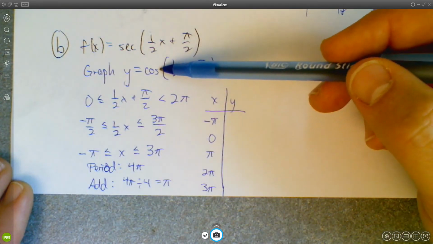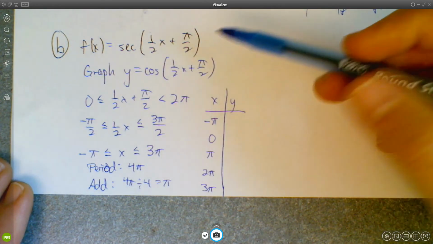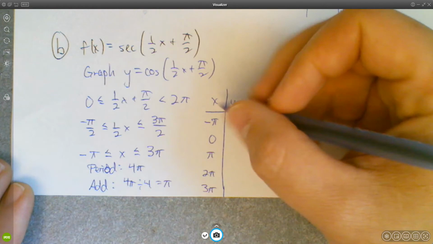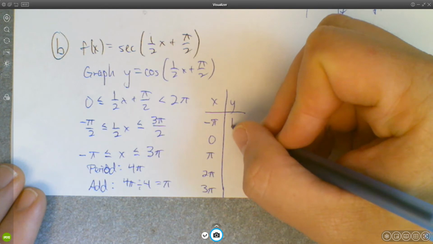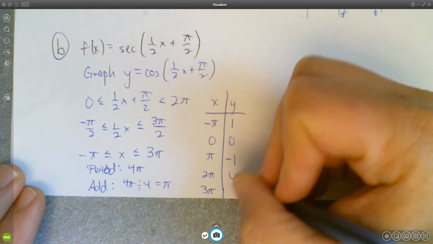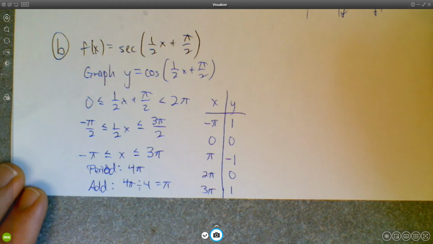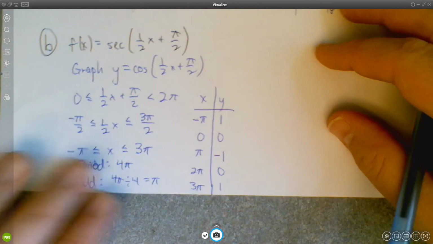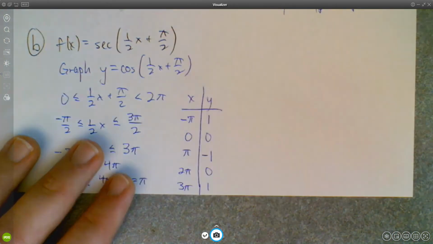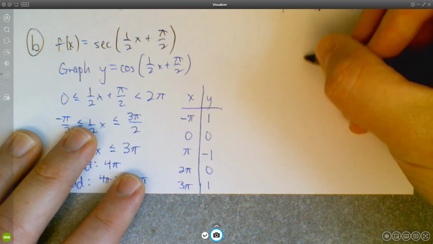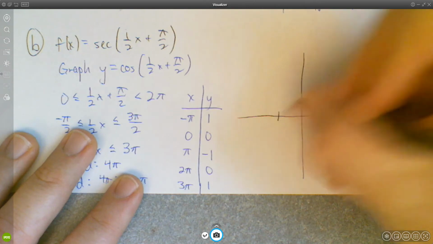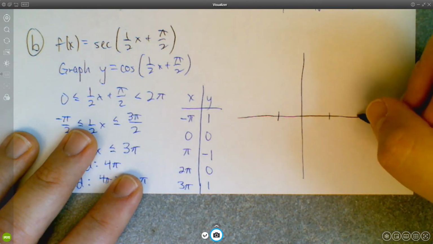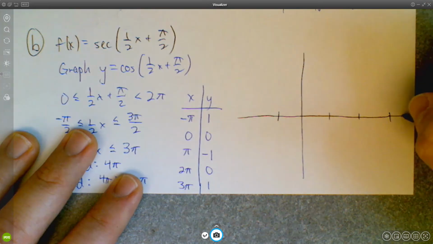Now cosine starts at 1, and then goes down to 0, and then down to -1, and so forth. And we're not multiplying anything out here or adding anything, so this should go 1, 0, -1, 0, 1. Okay. So negative pi, 0, pi, 2 pi, 3 pi.